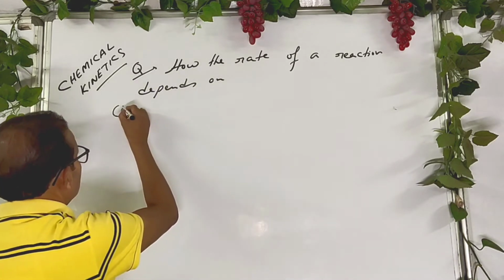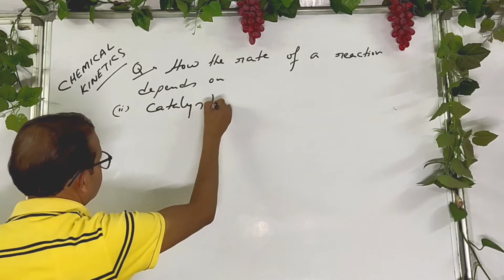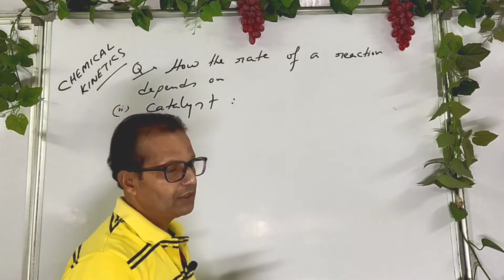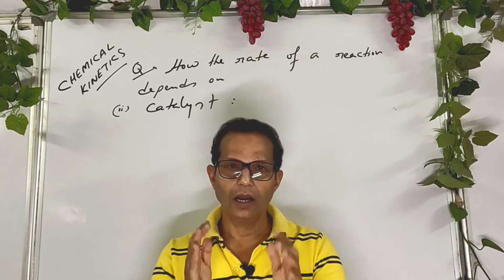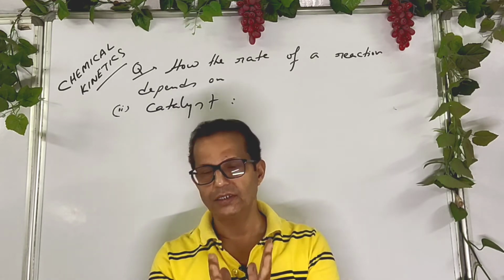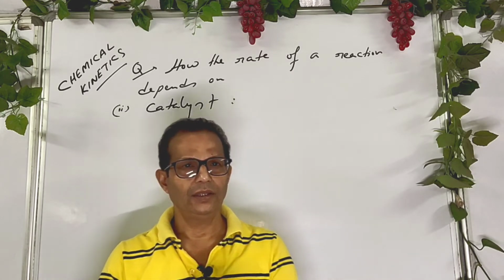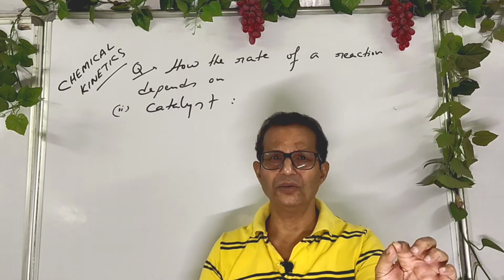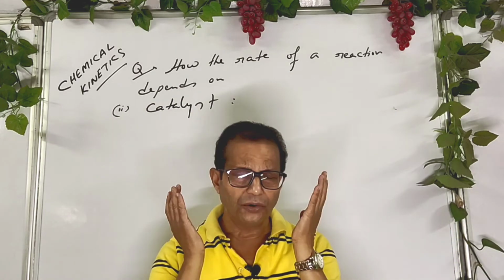So second question, catalyst. How the rate of the reaction depends on catalyst. Remember it. A catalyst generally increases the rate of a reaction. There are some catalysts also which decrease it, but in most of the reactions catalysts are used to increase the rate of a reaction.